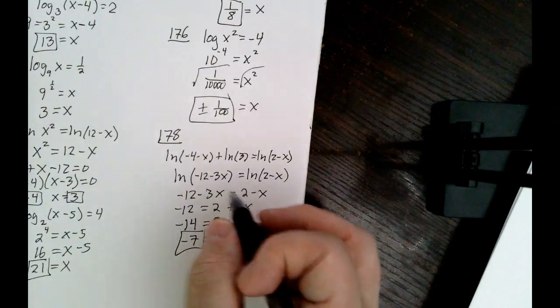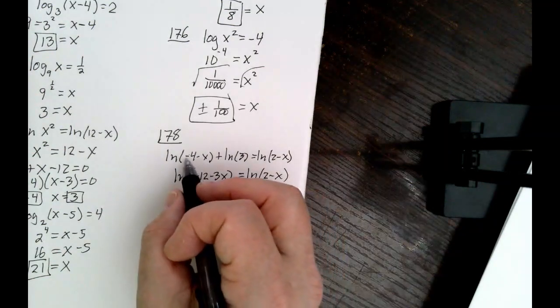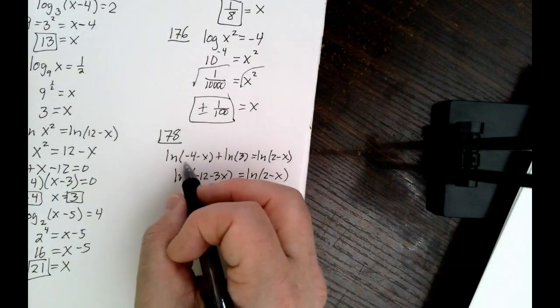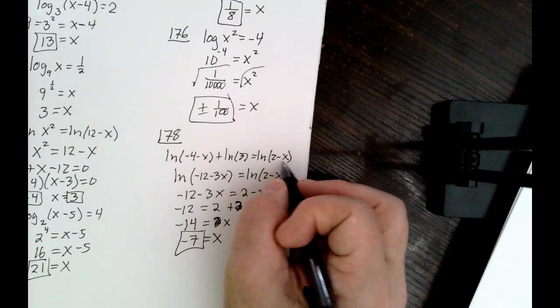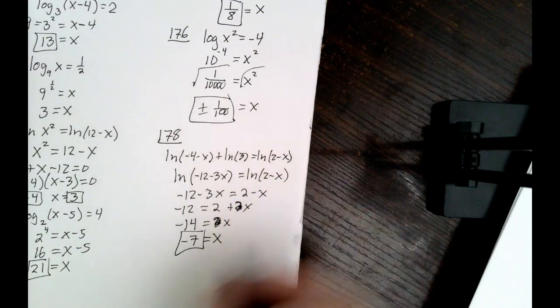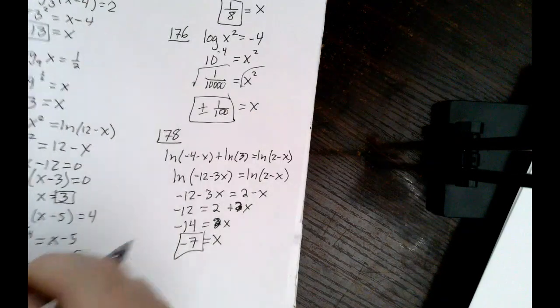And that works. If you plug -7 into here, you get -4 plus 7, or positive 3. 2 minus a -7 is 2 plus 7, or positive 9. So -7 is an acceptable answer.